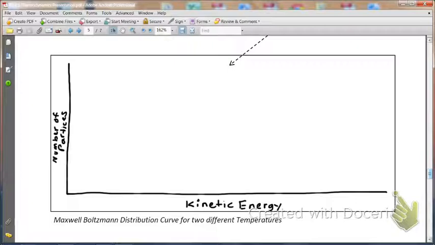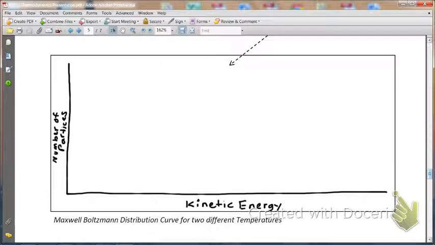Okay, and we're just using the generic word particle, which could represent the number of atoms or the total number of molecules found in a particular system. So on the IB or AP exam, instead of the number of particles, it may say the number of molecules or the total number of atoms that the system has. Okay?